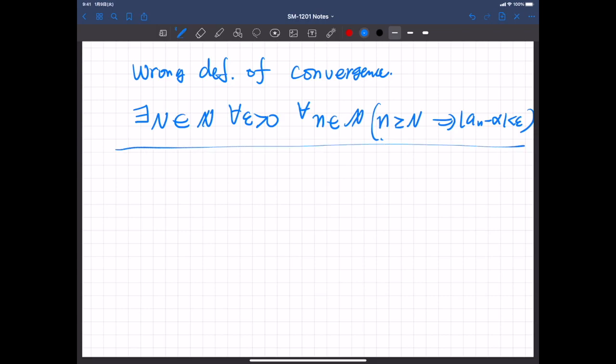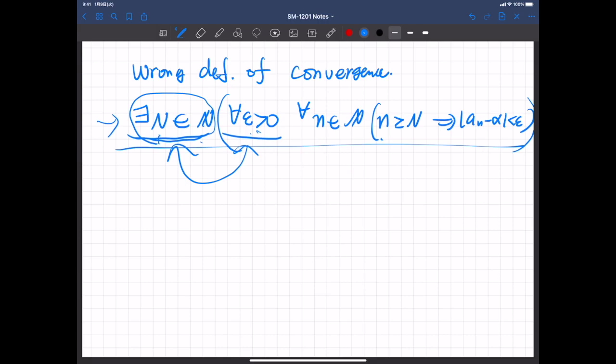The difference between this and the correct definition is the order of this quantifier and this quantifier. So it's opposite. If you write this way, then N cannot depend on epsilon because epsilon appears later. So at the time when this N is defined, there is no reference to epsilon. So this N cannot depend on epsilon.